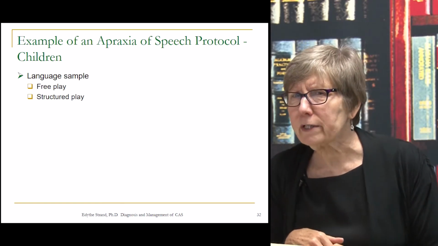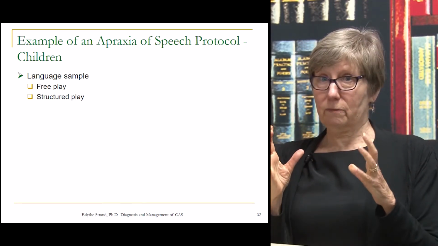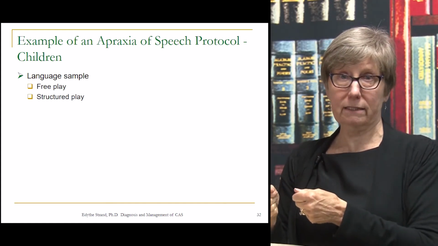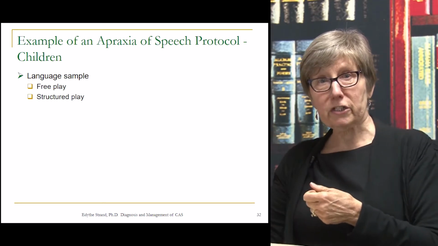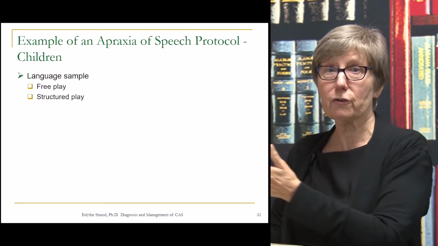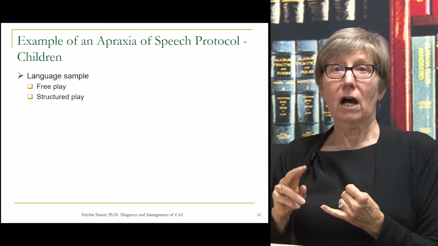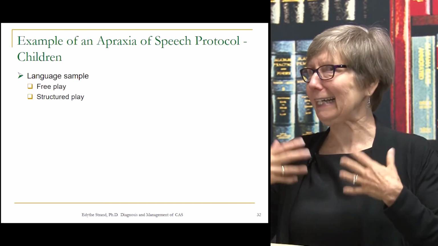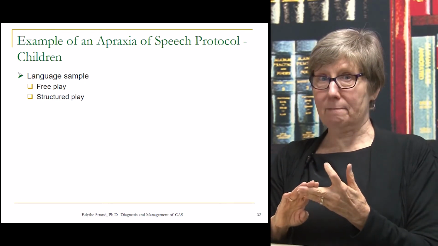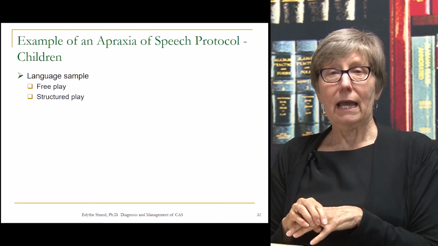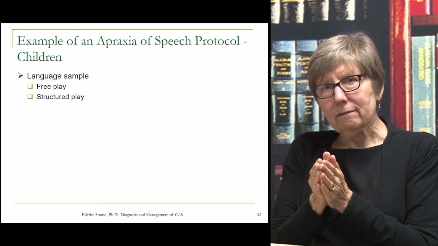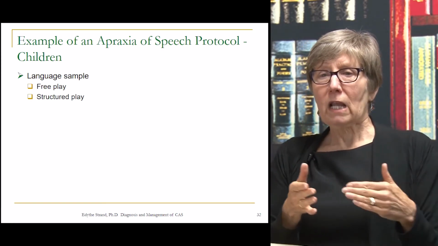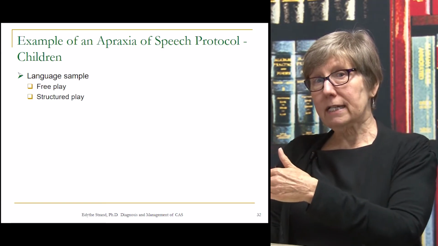But we might want to get more information, so we might also choose to do some structured play. So I have this box with very particular toys in it that represent certain movement gestures that I want to see how they try to say. So I might have a dad or a dada, whatever the child says, or whatever I model, and see if I can get them to say a mom, a baby, a puppy, other items that might be easy, especially if we're talking about kids that are not quite verbal or low verbal, but varied in their vowel content and syllable shape.